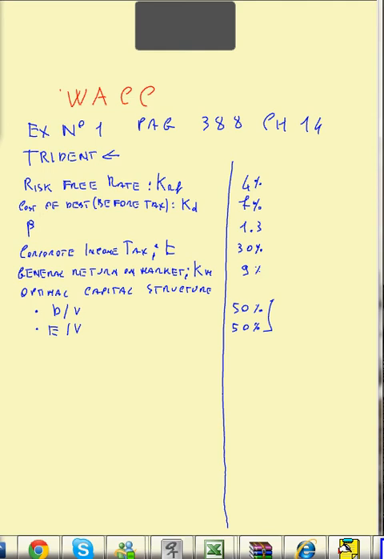Now, the first step is to compute Trident's cost of equity. Until here we have the information we need to compute the WACC.